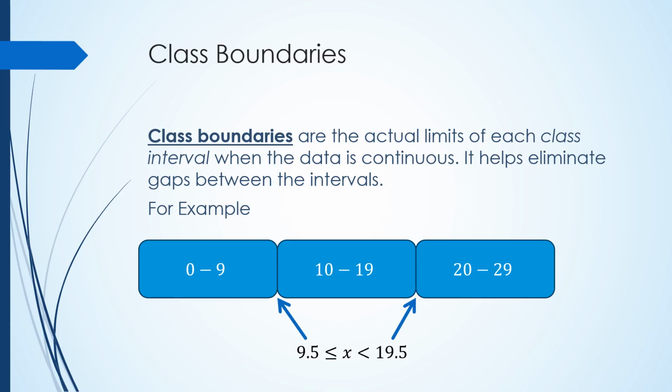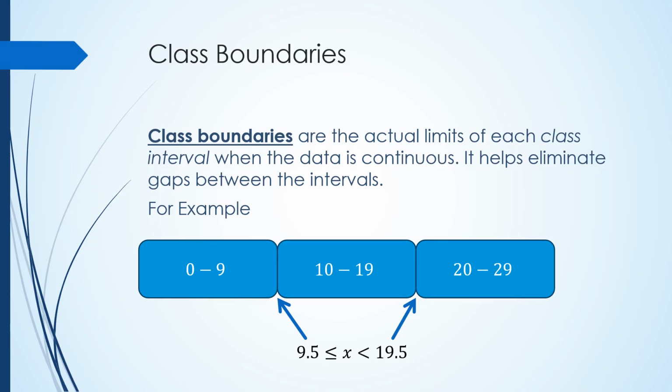Class boundaries, on the other hand, help prevent gaps and overlaps when dealing with continuous data, ensuring that each value belongs to only one interval. Think of them as clear dividers that define where one group ends and the next begins, making data analysis more structured and precise. For example, in the class interval 10 to 19, the class boundaries lie halfway between the limits of adjacent intervals.